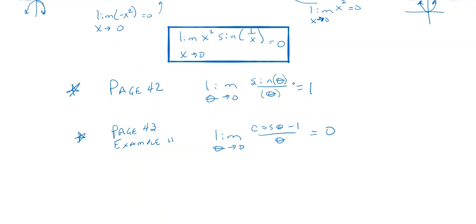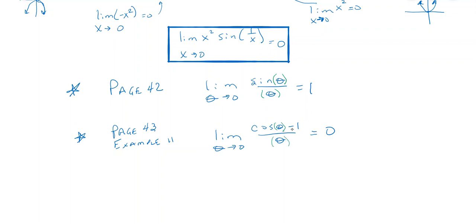Surprisingly, this happens fairly often. So theta has to be approaching 0, not something else, and the argument up here and down here has to be an exact match.